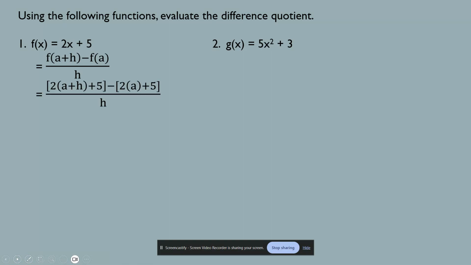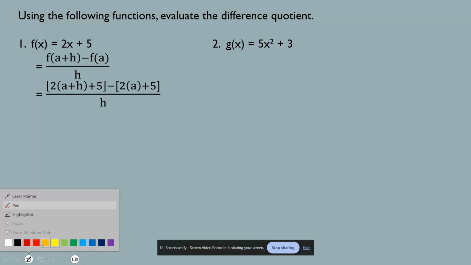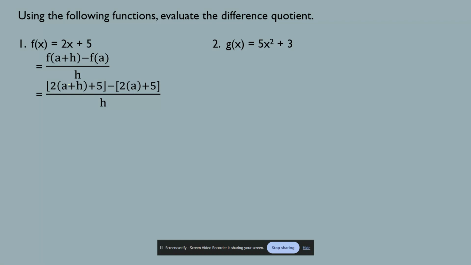So I'm going to have f of a plus h is 2 times a plus h. So once again, I'm replacing this here, that's your x, with a plus h, and then plus 5, minus 2a plus 5.